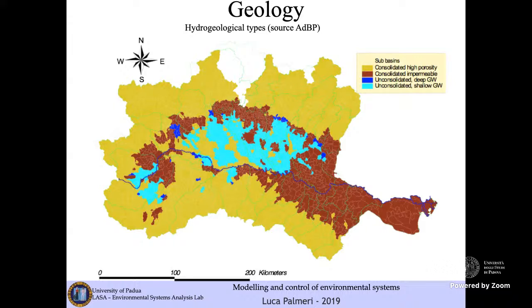So these classes try to describe the strength of interaction between what happens on the surface of the basins and what happens in the groundwater. So again, with a set of GIS calculations, we calculated how much in terms of surfaces of the different classes fall into the different 33 hydrological subunits.